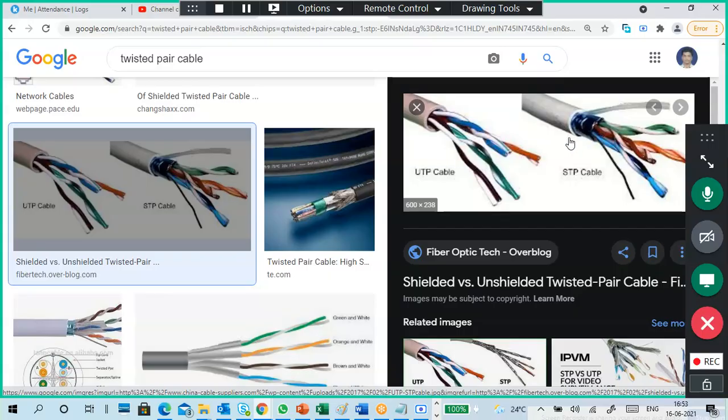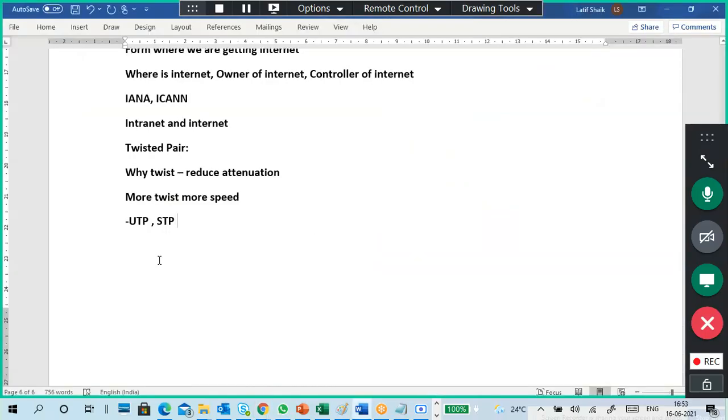Generally UTP and STP cables are 4-pair cables, which means they contain 8 wires, and we use them for connecting to an RJ45 socket.